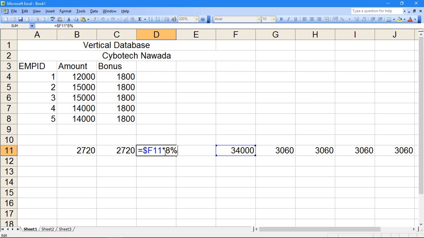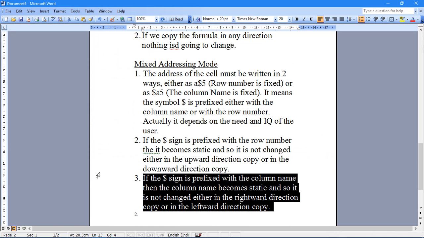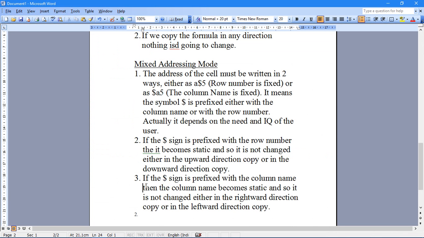Here also it was F11. Here also it was F11. What does it mean? It means that if the dollar sign is prefixed only with the column name, then the column name becomes static, and if the formula is copied either rightward or leftward, the name of the column is not changed.